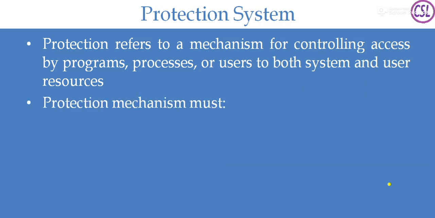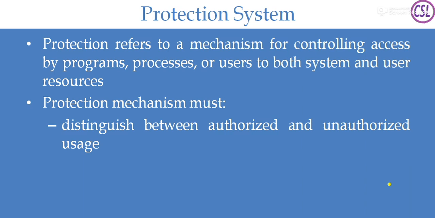Now, the operating system provides these protection mechanisms. If a protection mechanism is established, then there is a distinction between authorized users and unauthorized users. For a computer, definitely there are authorized users and unauthorized users. How can we distinguish?